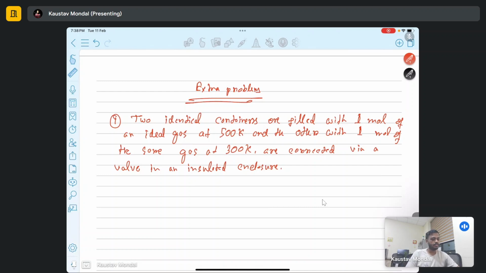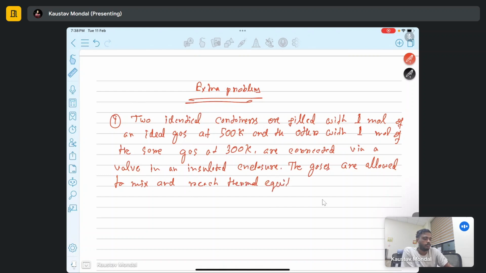Now the gases are allowed to mix and reach thermal equilibrium.